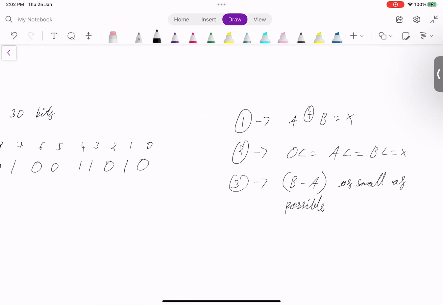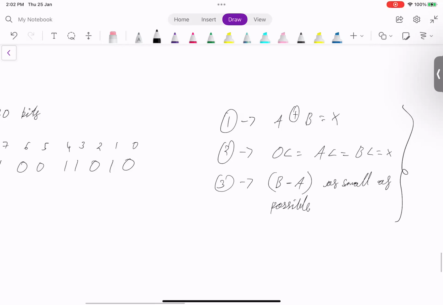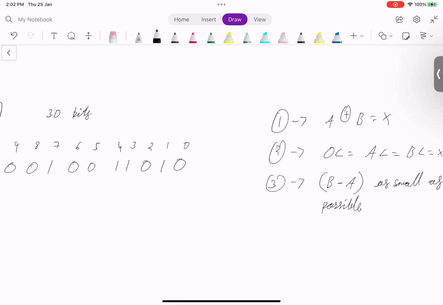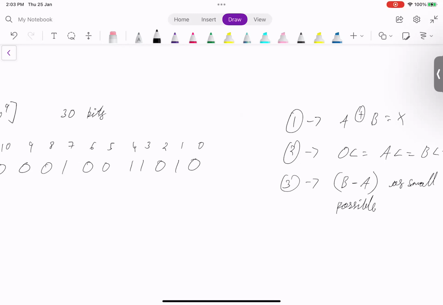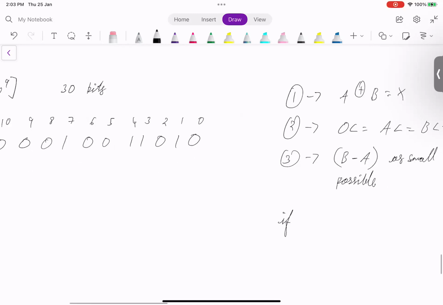And the way we make these three conditions satisfy is, if there is some bit which is not set in x, let us not set that bit in both a and b. So if a bit is not set in x, don't set it in a and b both.